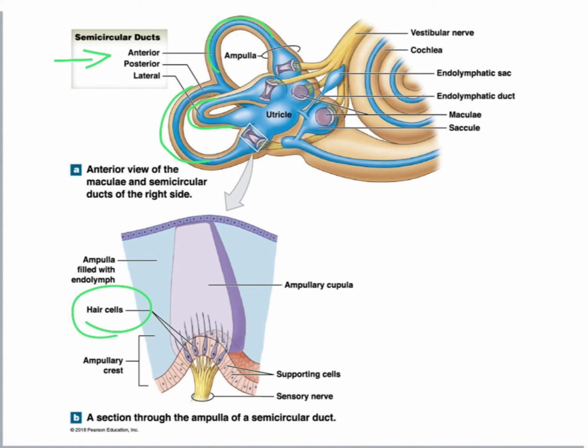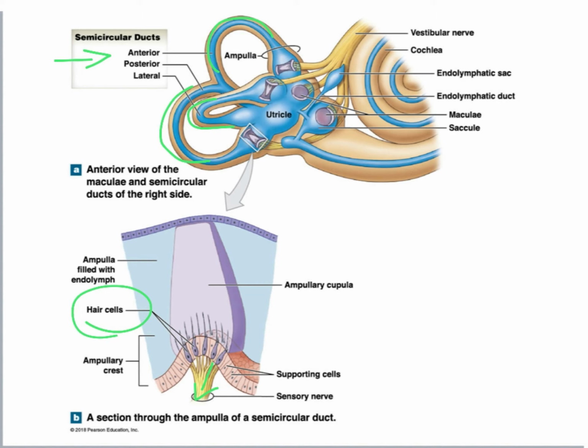And that causes the bending of the hair on the hair cells within what we call the ampullary cupula. And you don't need to know the name of this ampullary cupula. But what you need to know is that the bending of these hairs leads to the generation of action potentials that are transmitted to our brain via cranial nerve number 8, the vestibulocochlear nerve.